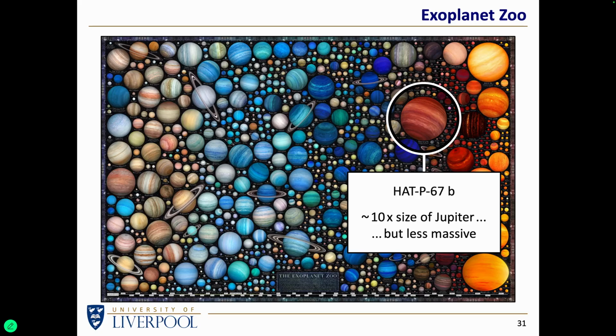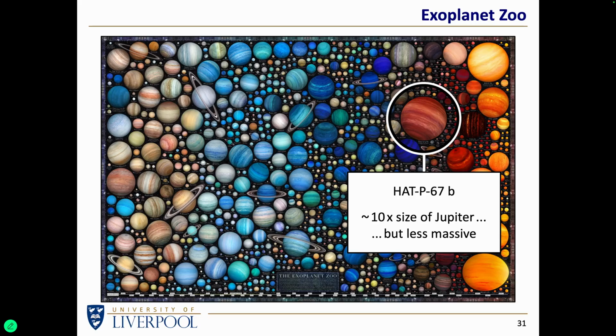Remember that we can get the mass from the spectroscopic wobble and we can get the size, the diameter, from the transit method, and in this case we've measured both, and it appears to be 10 times the size of Jupiter but less massive than Jupiter, which means its density must be very low. It's probably about the same density as marshmallow. That is a very low density material.